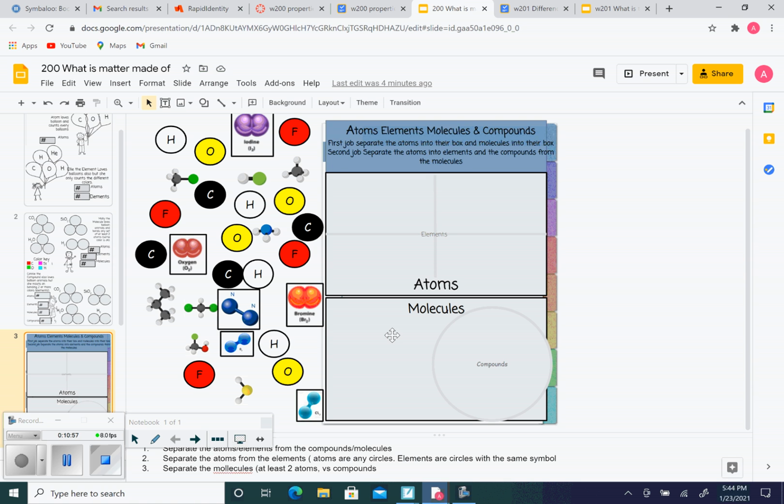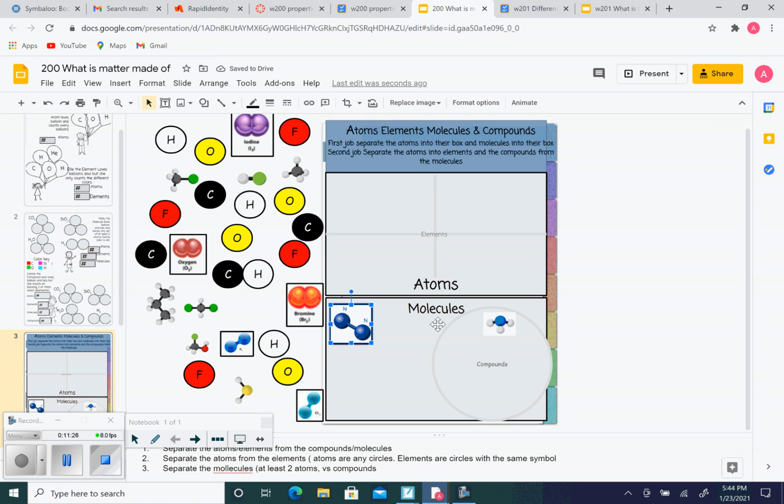Okay? Now, when you are looking for compounds, you must remember, a compound is a type of molecule, but it must have 2 different elements in it. Like this one is a compound. This one is a molecule.